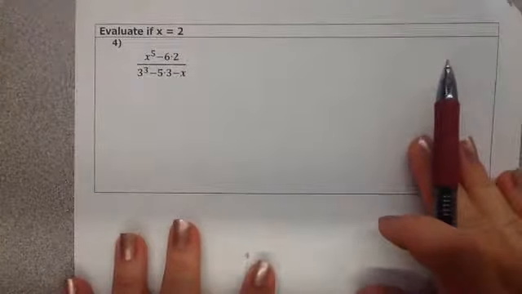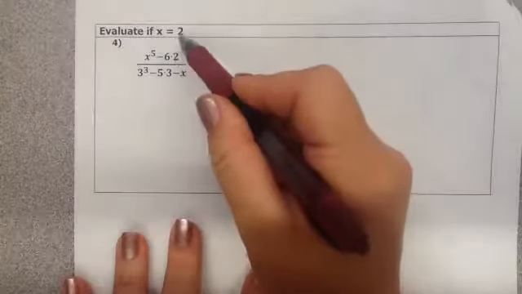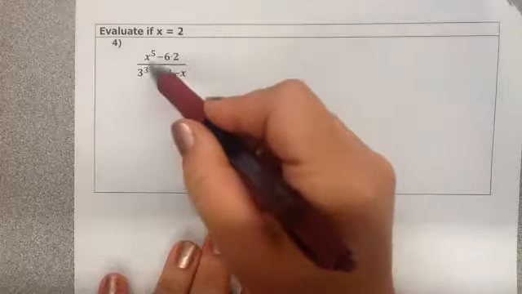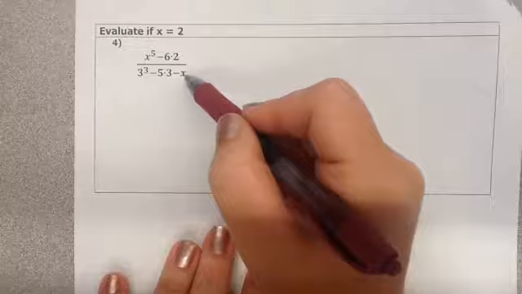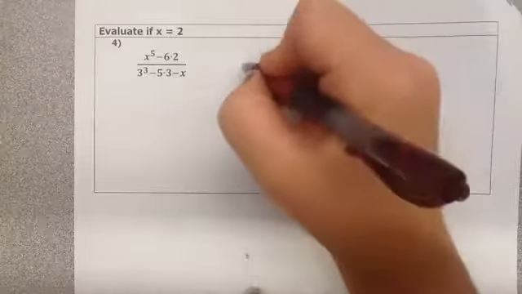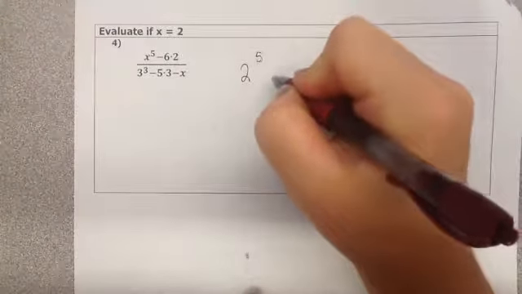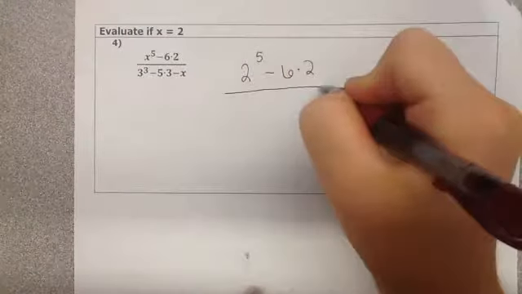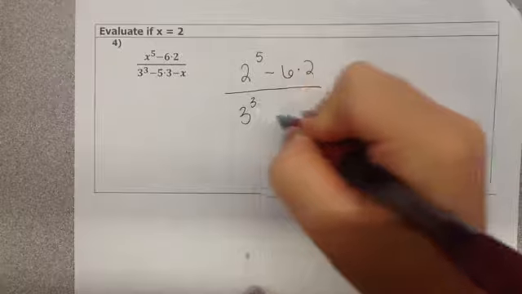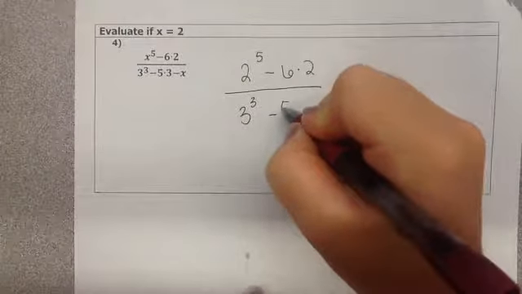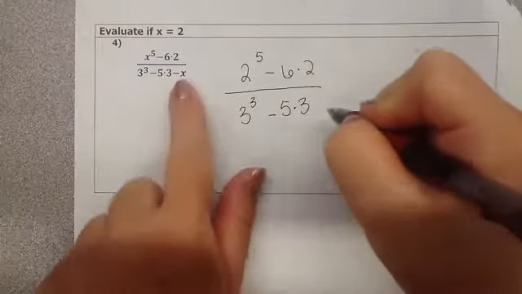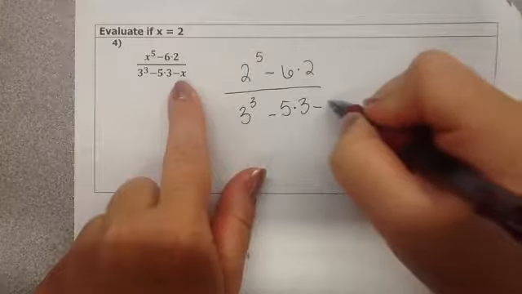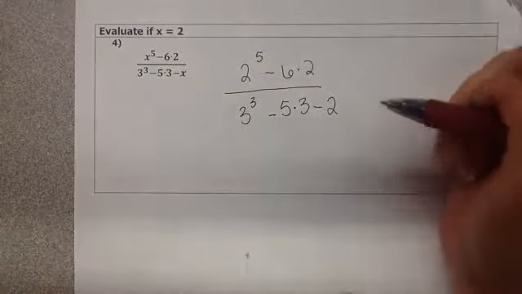This last one asks you to evaluate, and that is telling you that x is 2. So wherever there is an x, we're going to replace it with 2. So this will be 2 to the 5th minus 6 times 2, all over 3 cubed minus 5 times 3 minus, instead of x, we will put 2.